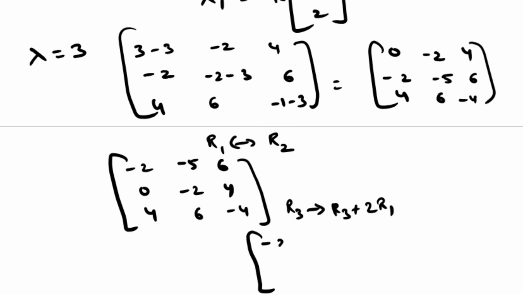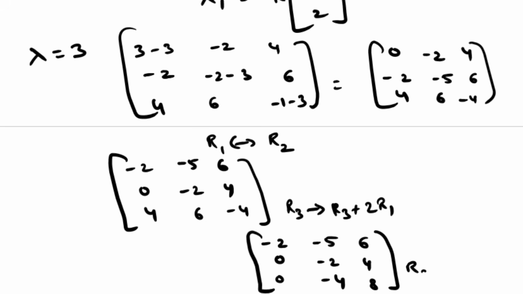R1 and R2 will be as it is: minus 2, minus 5, 6; 0, minus 2, 4; 0, 4 minus 10, which is minus 6... 4 minus 4 is 0, 6 minus 10 is minus 4, minus 4 plus 12 is 8.